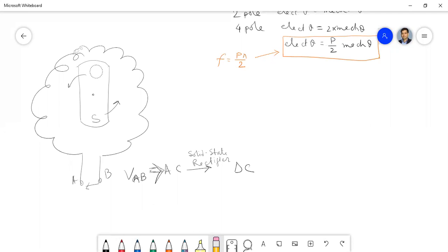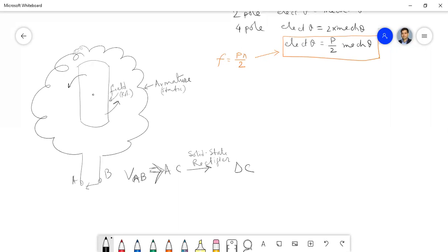I have to provide it here only, because here the rotor is my field. This is my field and this is my armature. So here our field is rotating, but the armature is static. This can be another possibility where your field is static and armature is rotating.